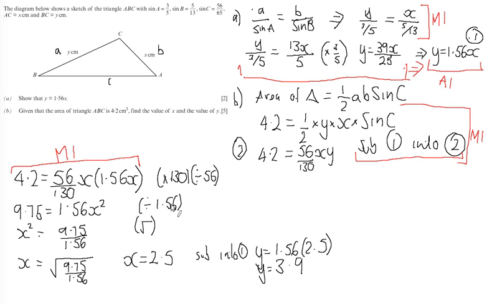We get an accuracy mark for rearranging and getting to this point here, where 1.56x squared is equal to 9.75. We then get an accuracy mark for finding that x equals 2.5, and we get an accuracy mark for finding that y equals 3.9. That's it. I hope that all made sense and that you understood it.